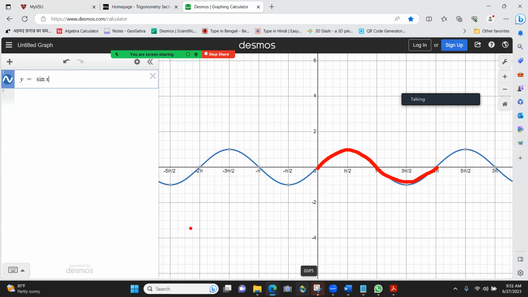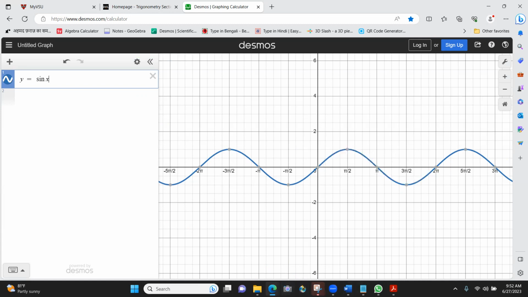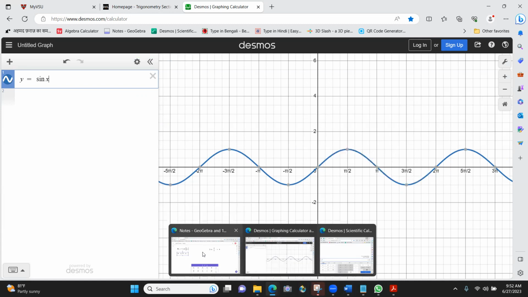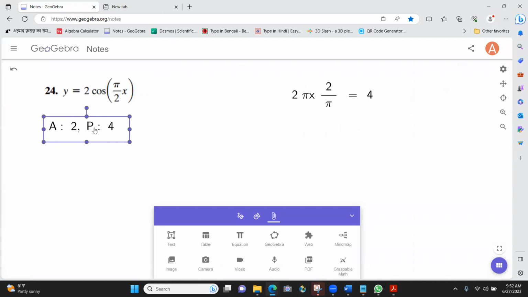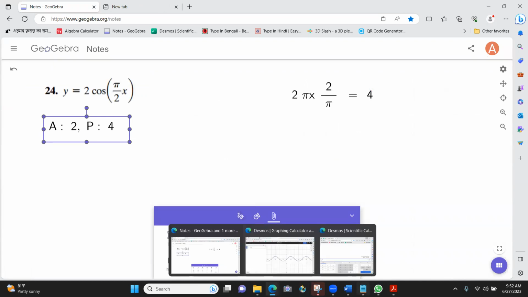Now, you could technically graph the curve and compare which one is there, and that's fine. You can do it on the exam, but I'll try not to do it that way. I'll try to do it from scratch how they expect us to do it. All right. So let's try it. Amplitude is 2, period is 4. Let's see how many we can find.